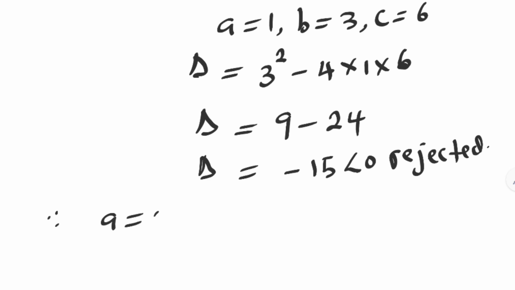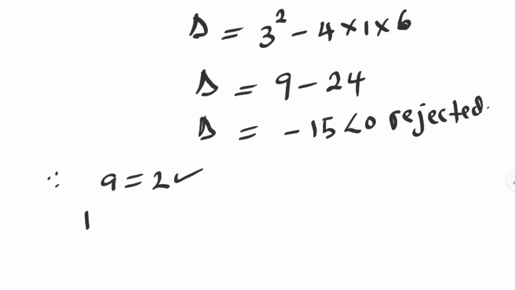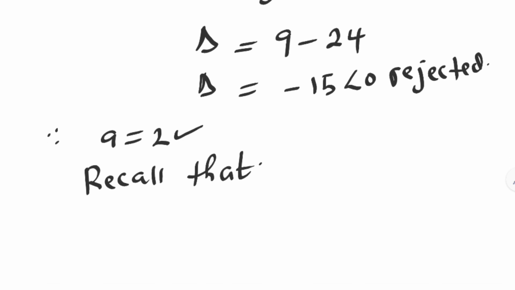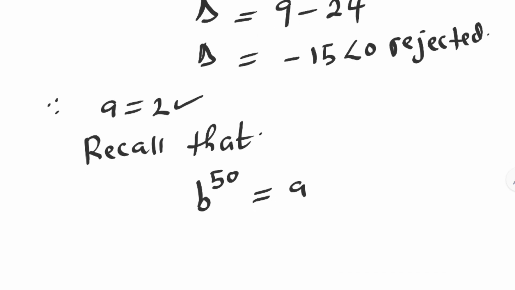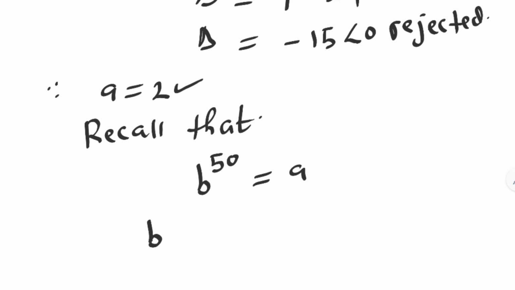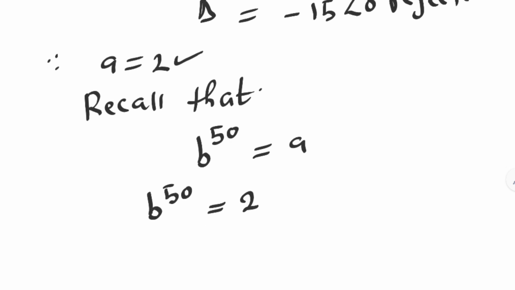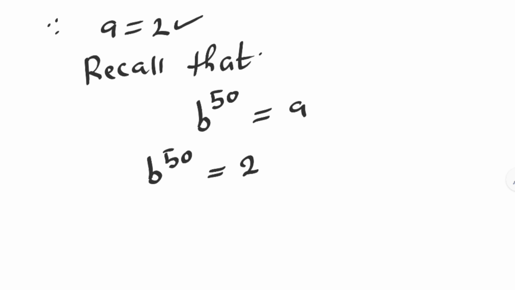a equal to 2. Now recall that b raised to power 50 is equal to a. Then b raised to power 50 is equal to 2. Let us multiply the exponent of both sides of this equation by 1 over 50.